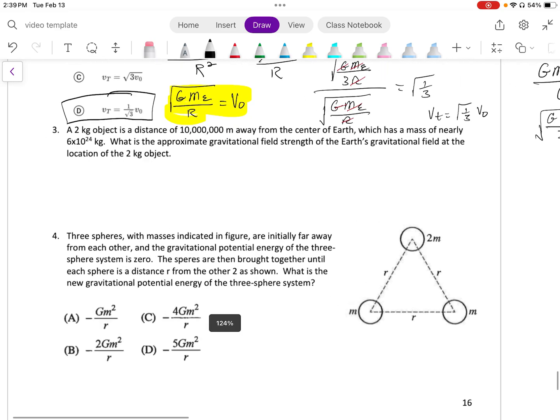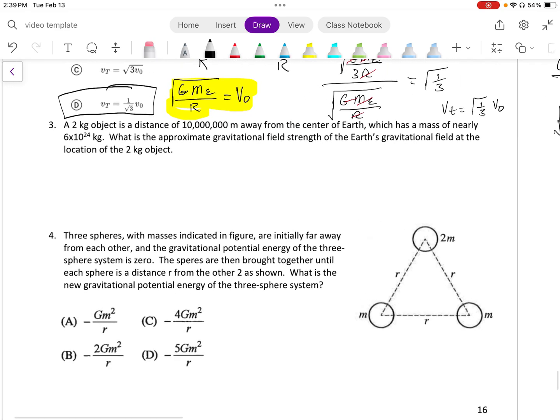Number 3, a 2 kilogram object is a distance of 10 million meters away from the center of Earth. Here's the Earth, here's the object. Mass equals 2 kilograms. We are R equals 10 million meters.